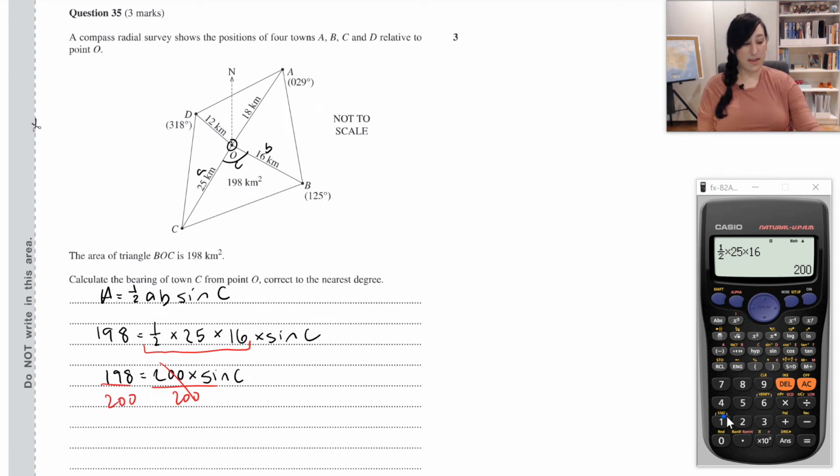That leaves us with 0.99 equals sine of angle C. Lastly, to solve for C, we'll need to take inverse sine of what sine C equals to. So we can get C by taking inverse sine, with a little -1 on it, of 0.99.